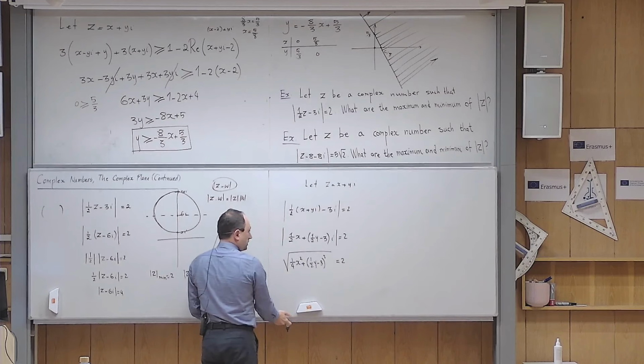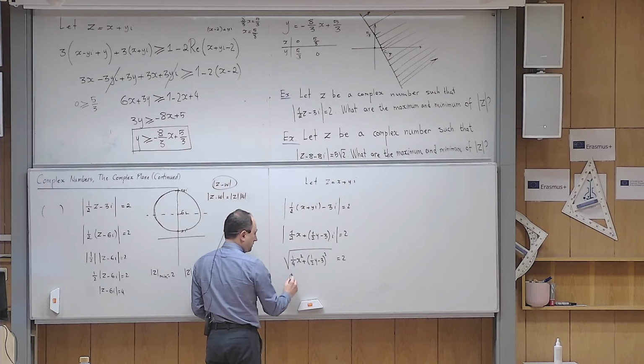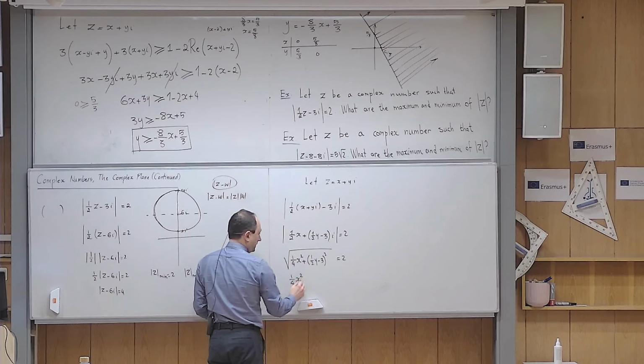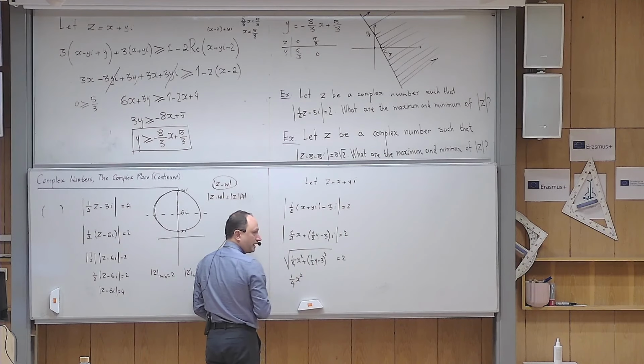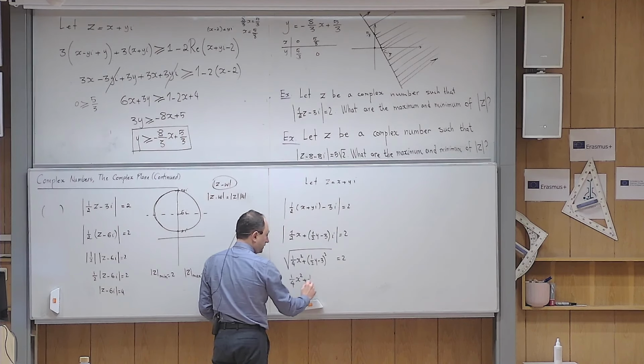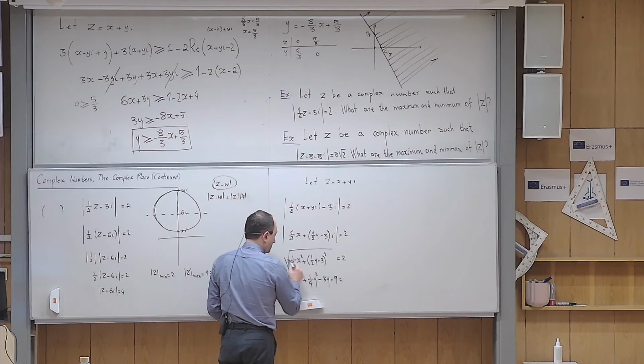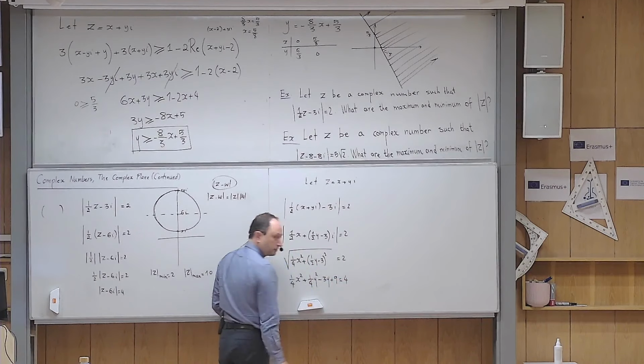Okay, so I raised both sides to power 2. This square root is gone. This becomes 1 over 4x squared. And I will also expand that. Okay, so what happens? It becomes the first one squared, 2 times the first one times the second one, and the second one squared. But remember, I raised to power 2 to get rid of a square root, so this is now 4.